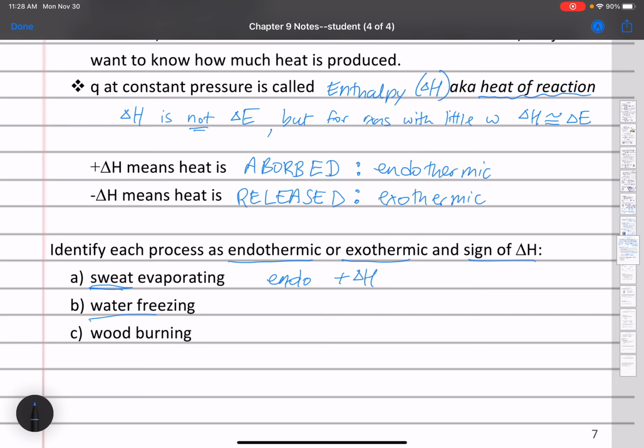In that case, the water is losing energy to become a solid, and so that is exothermic, has a negative delta H. Wood burning, all right, the wood is combusting. It is producing heat, so it's releasing energy, and it would also have a negative delta H.